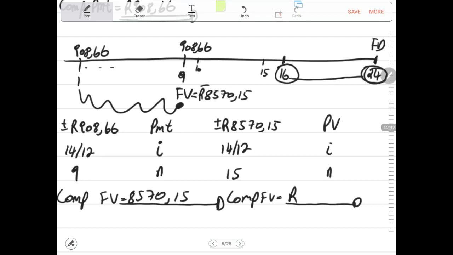We say 8,570.15 is plus minus present value. 14 divided by 12 is the interest. Then 15 is our N. Then we compute the future value. Our future value becomes 10,198.